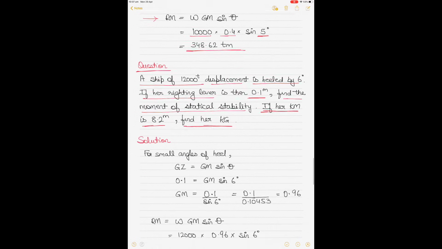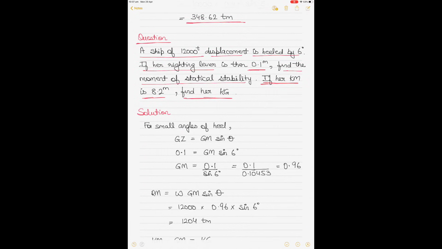Alright, KG is the distance of the keel to the center of gravity. So what's the solution? For small angles of heel up to about 15 degrees, and in this case the heel is 6 degrees, GZ, which is the righting lever, equals GM sine theta, as we have seen above. GZ is given to you as 0.1, GM is not given to you, and 6 degrees is the angle of heel.